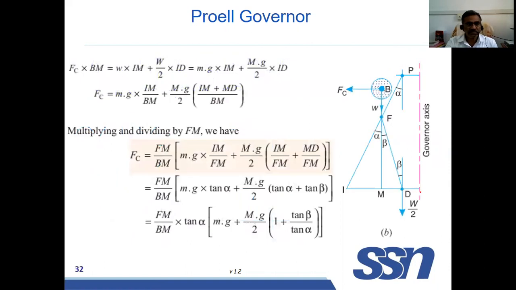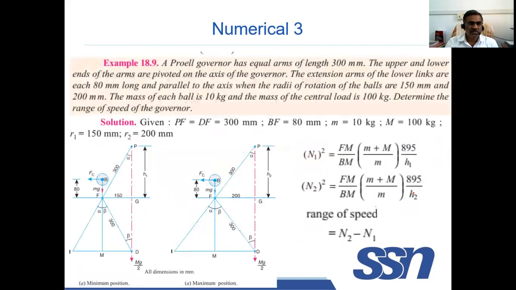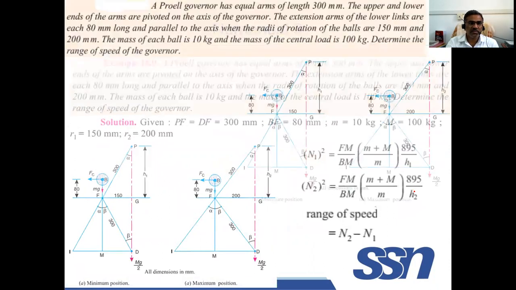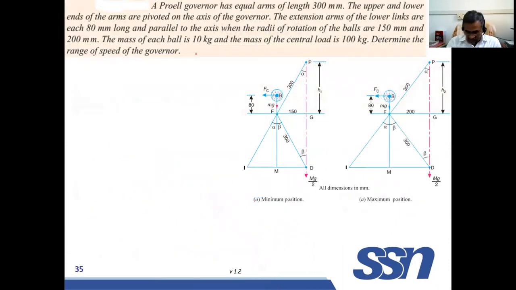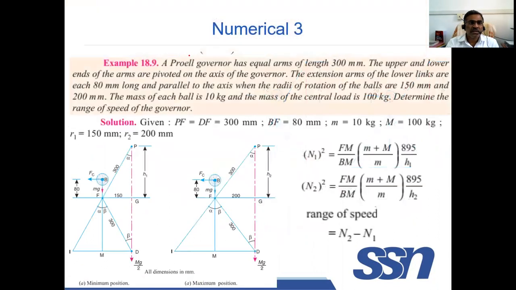Now let us solve one problem. A Proell governor has equal arms of length 300 millimeters. The upper arm and the lower arm are both pivoted on the axis of the governor.